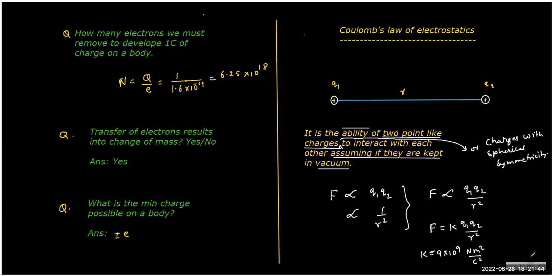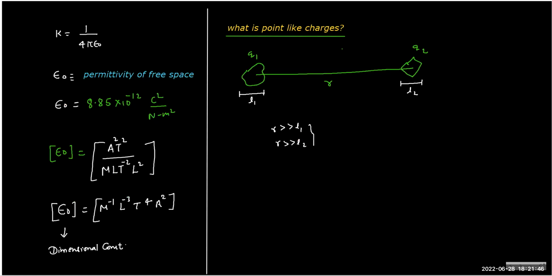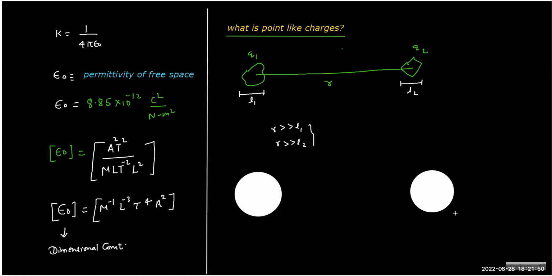What does it mean? If we have two charged bodies which definitely have some dimension, let's say they have radii r1 and r2, but the charge in that volume is spherically symmetric.